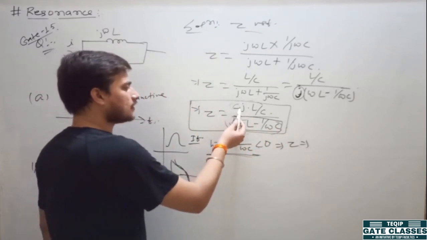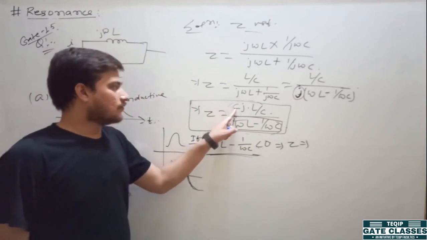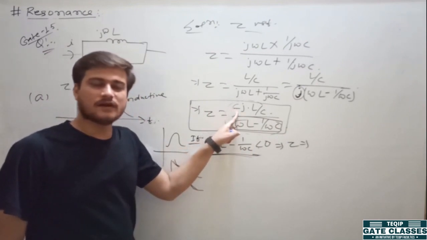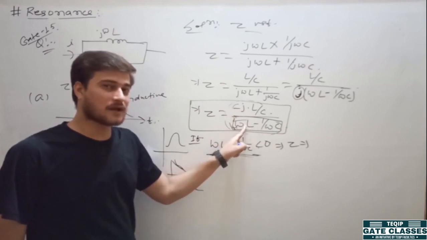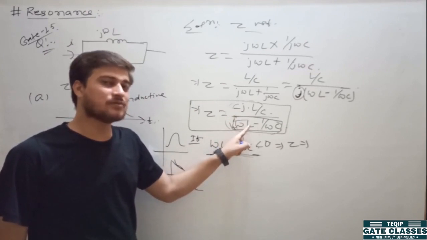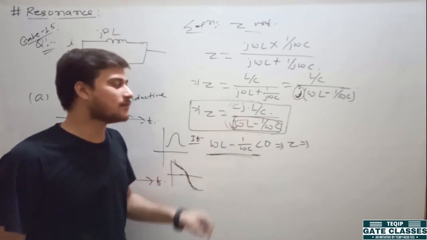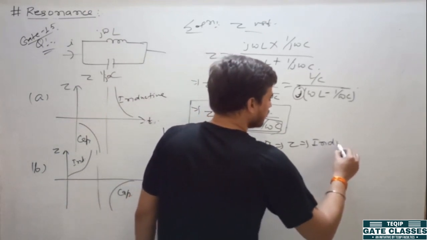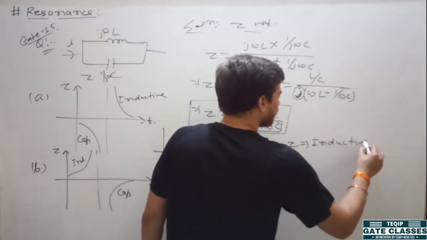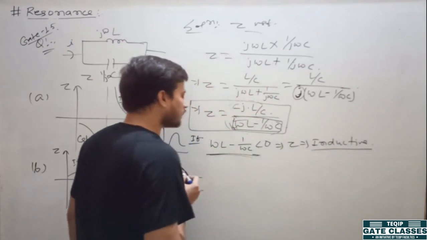Here it is minus, and when it is minus, it is capacitive reactance. But here, if omega L is less than 1 by omega C, then the denominator will also become negative. So negative negative is positive, which means Z will become inductive.